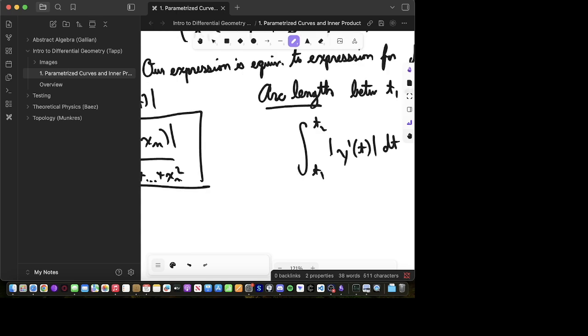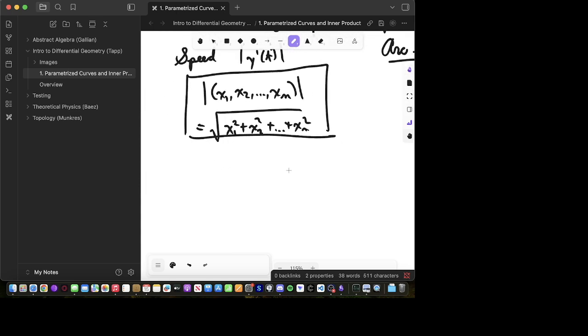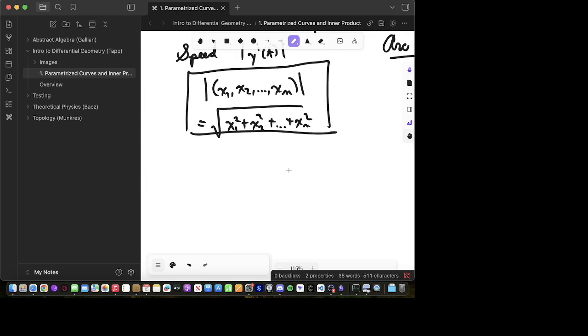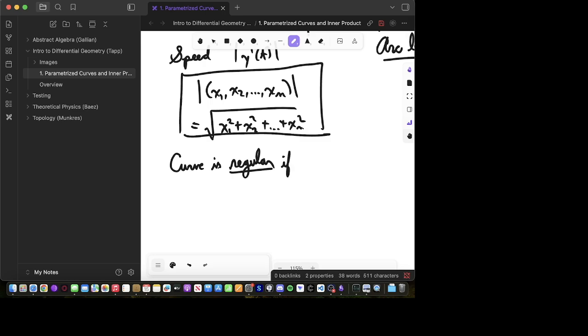So now let's look at some more definitions. A curve is regular if its speed is non-zero.